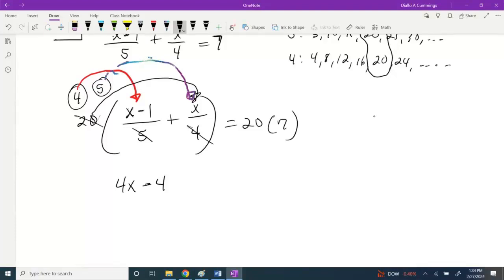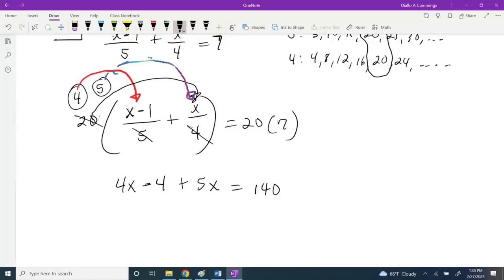So 5 times x is 5x. Notice that when we distribute 20, it reduces with the denominators. And if I multiply 20 times 7, I get 140. So we have removed the fractions, and we've removed the parentheses.